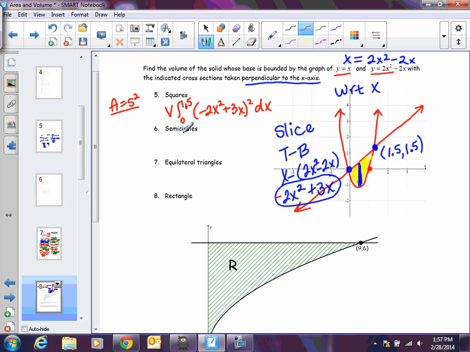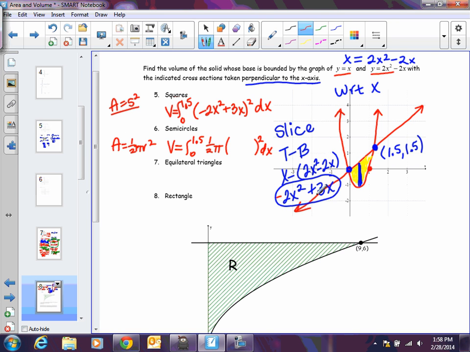so we can see the difference. So with semicircle, the area is 1/2 pi r squared. So the volume, again, is going to be 0 to 1.5, 1/2 pi. Now, what's r?